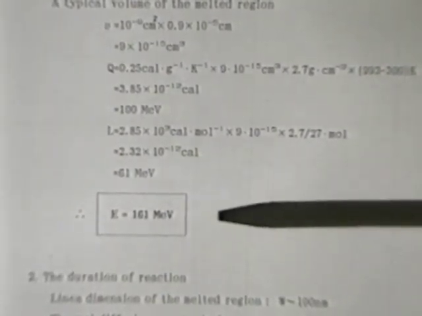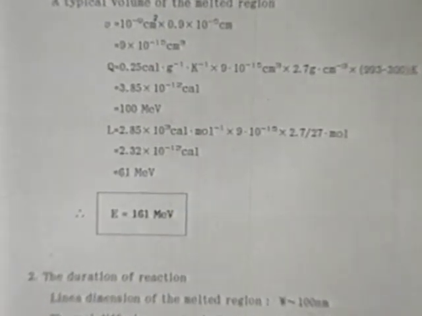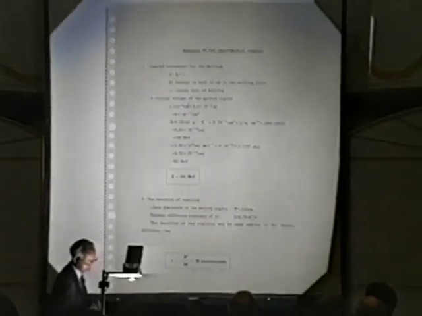Adding these both quantities, it becomes about 161 MeV per speckled region. It's a very typical or average value, since we have larger speckled regions and smaller speckled regions.